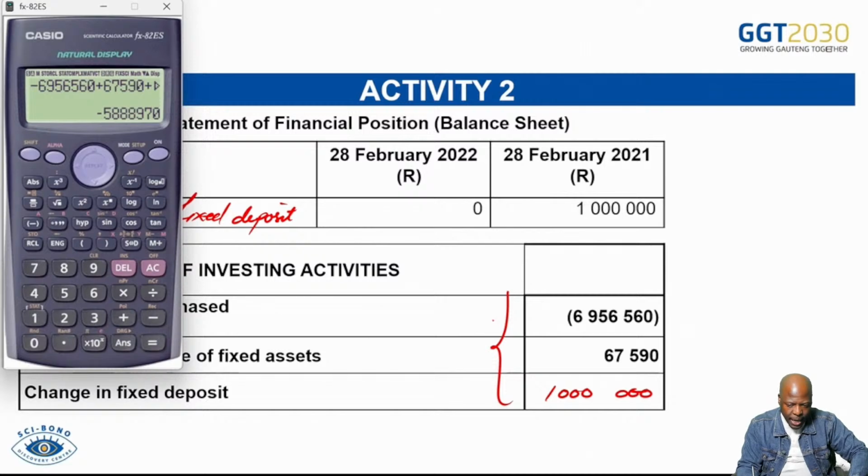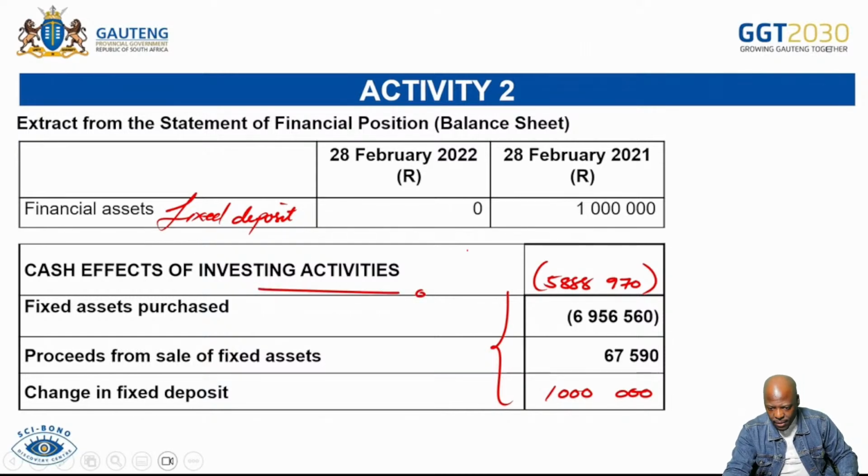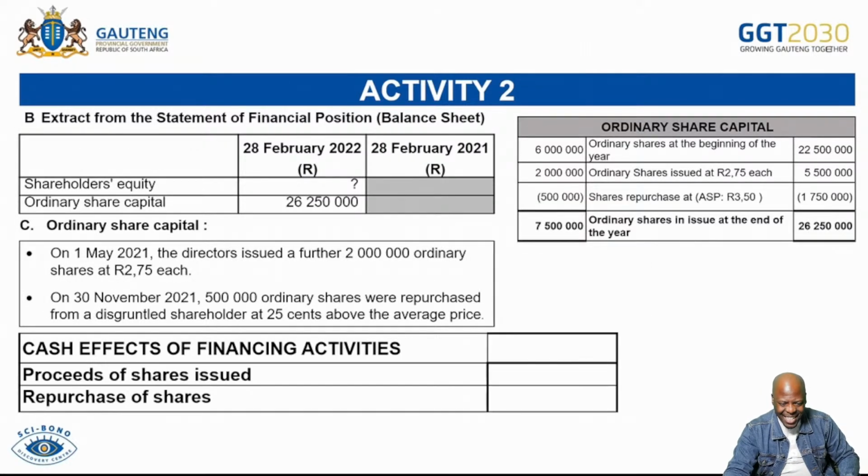That is going to give me a negative 5,888,970. Like that. And that is how I would complete this part of the cash flow statement, cash effects from investing activities. Let's go on to the next part, which is now my cash effects from financing activities.